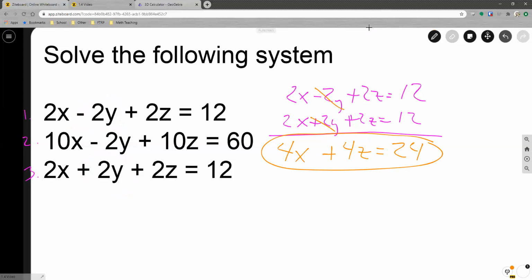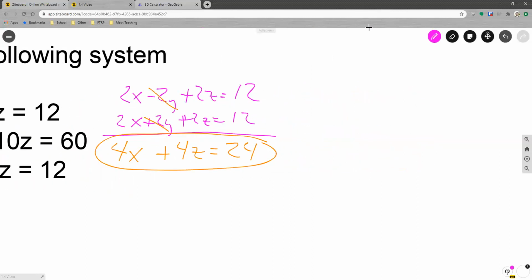We go back here, that was a really fast one. Well, I've got another really fast one because the second equation also has a negative 2y, which can be combined with that positive 2y. So again, I get a very, very quick equation to deal with. So I'm going to take that second equation, 10x minus 2y plus 10z equals 60.